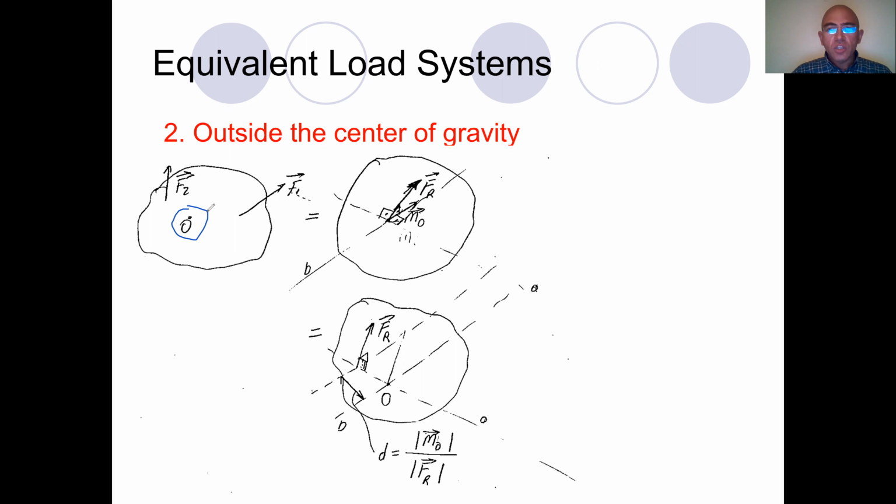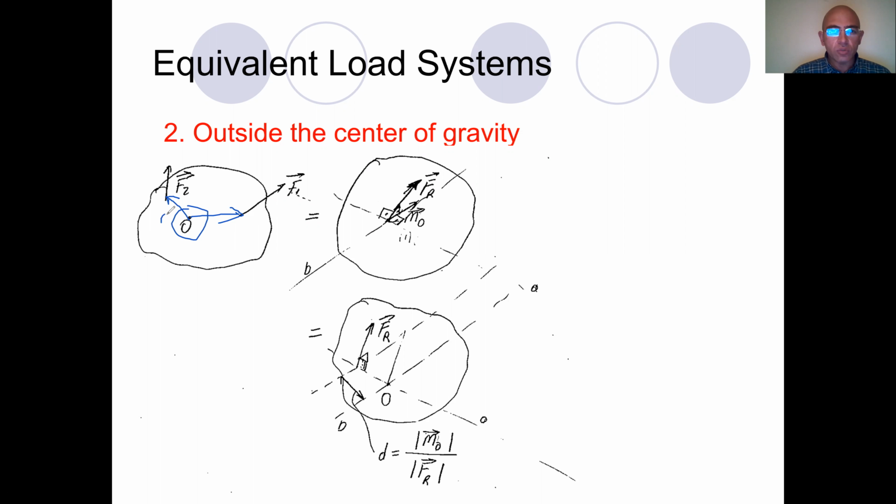If you use the right-hand rule, you will easily see that the moment is in-plane. So these lines are position vectors.